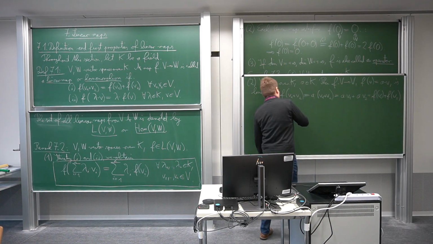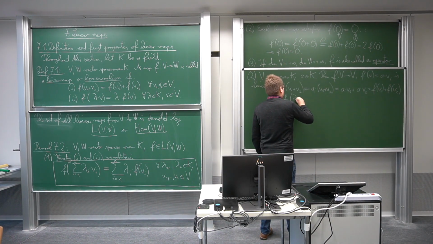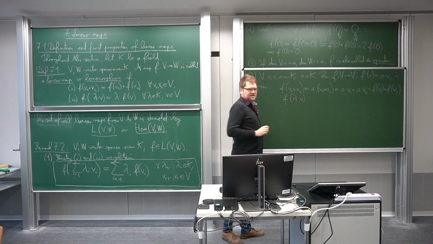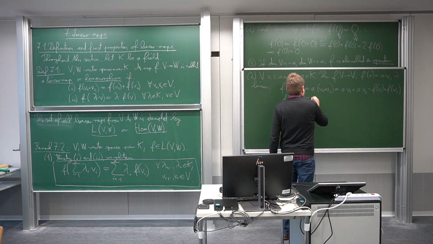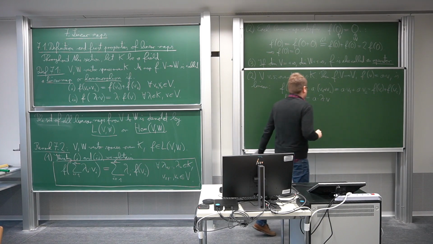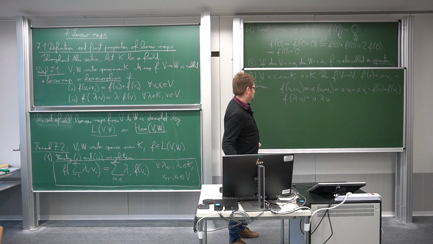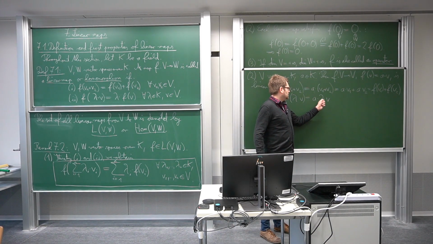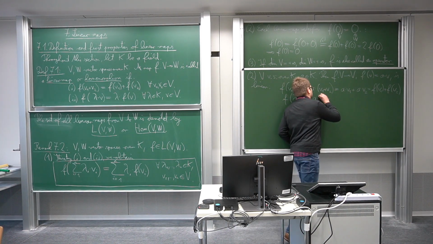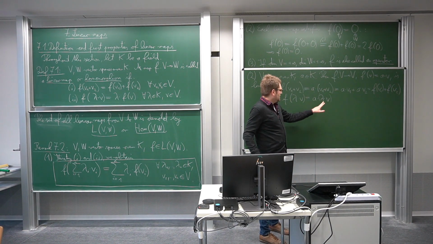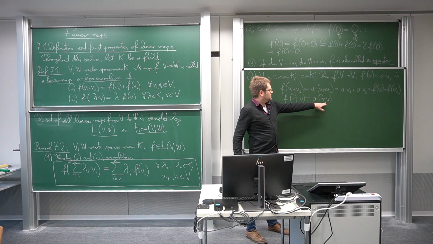And okay, now the scalar multiplication, if we have f of lambda times v, this is the same as a times lambda times v. I have to be precise with this. So this would be formally the definition here.